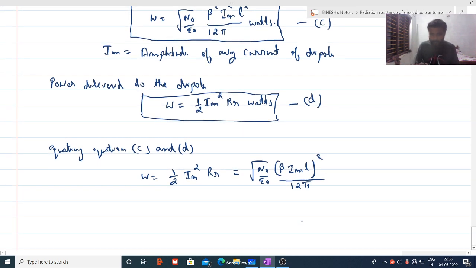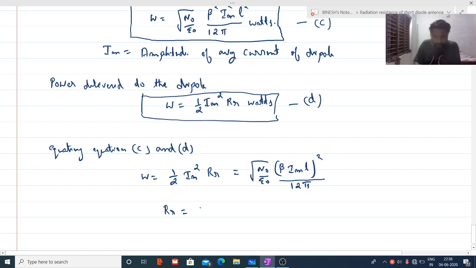So from this we will calculate the equation for the radiation resistance, that is given by RR. Anyway, this term, mu naught by epsilon naught, is nothing but 120 pi. This 2 and this 12, it will be 6.